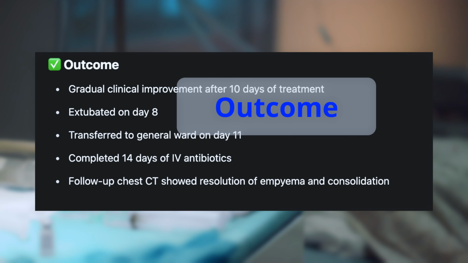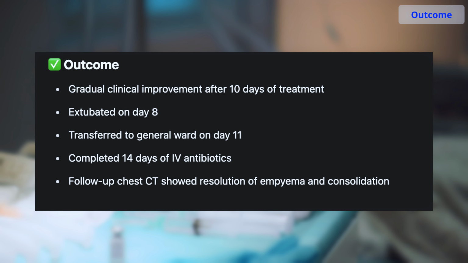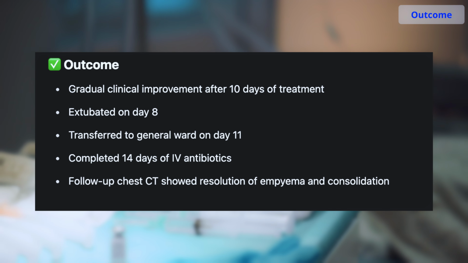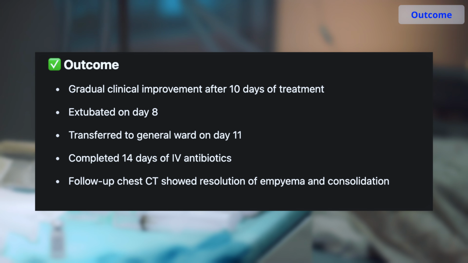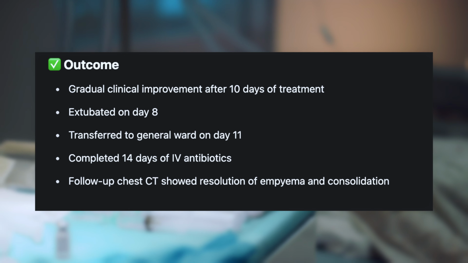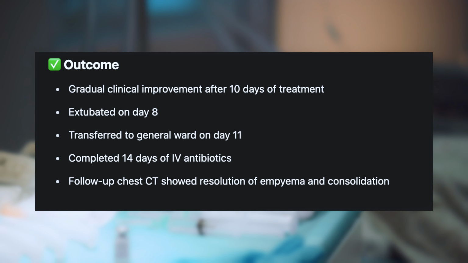Outcome: gradual clinical improvement after 10 days of treatment, extubated on day 8, transferred to general ward on day 11, completed 14 days of IV antibiotics, and follow-up chest CT showed resolution of empyema and consolidation.